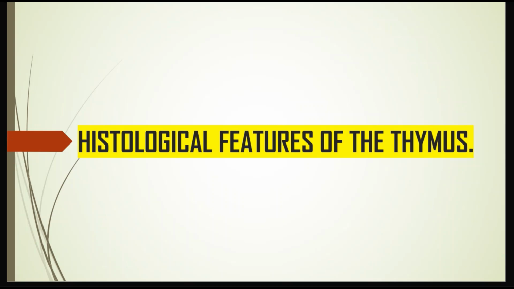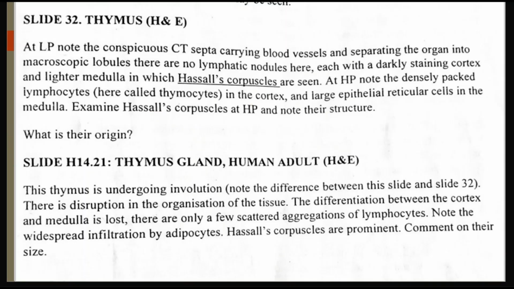Okay, now let's look at the histological features of the thymus. The thymus is a primary lymphatic organ. So note the connective tissue septa carrying the blood vessels and separating the organ into lobules.